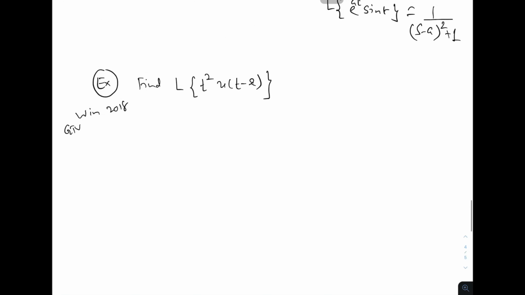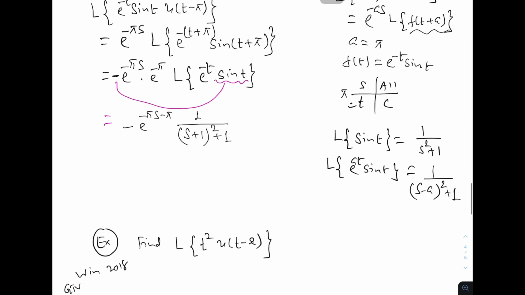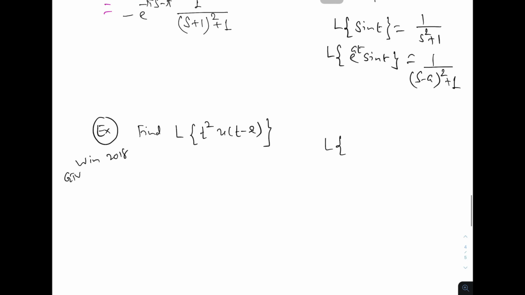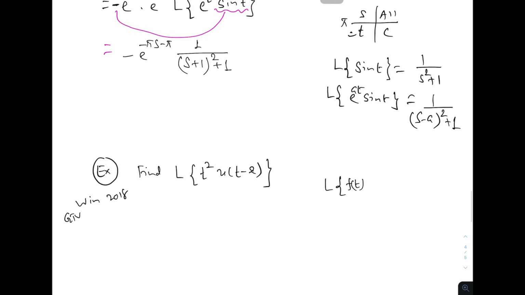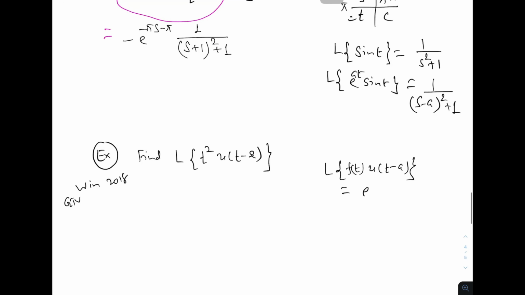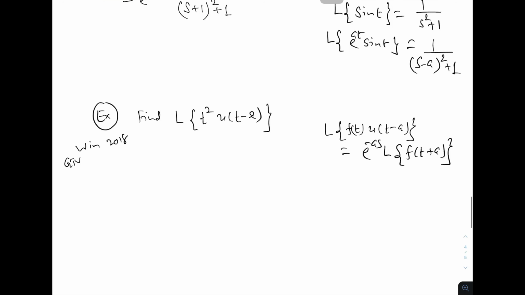So now simple example. It is the same second shifting theorem. Laplace transformation of f of t u of t minus a is equal to e power minus as, and Laplace transformation of f of t plus a. So that result we are using.